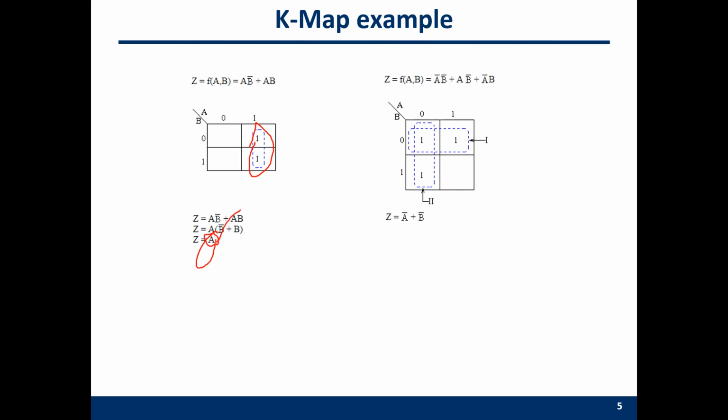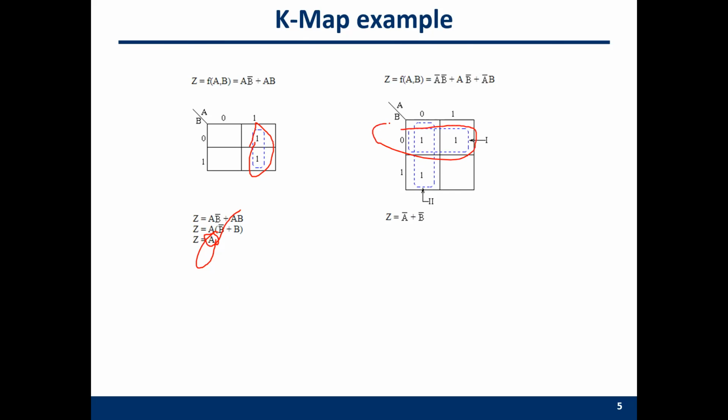So by grouping the ones in this K-map, we can do the simplification. And the group size has to be 2 to the n. And one group may cover 2 to the n boxes in the K-map. So if we have 3 ones, then we have to draw 2 groups.